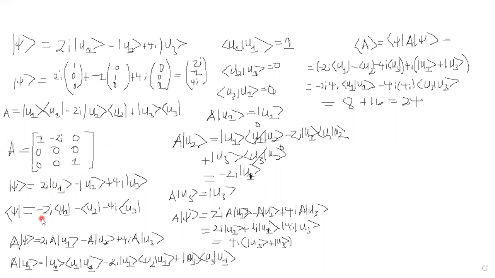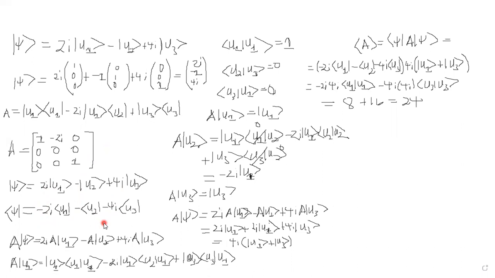So this is what we did here. And you don't have to look at a row and a column; this is quantum mechanics notation. So you have a negative 2i. Of course, this doesn't change, it's a real number up here. And then you have a minus 4i, which up here is a 4i. And the bra is different.